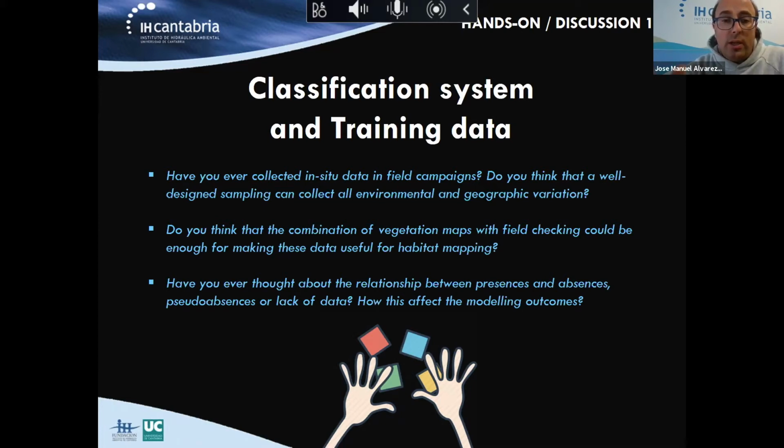We created a combination of all of them for defining the areas that were more or less homogeneous in terms of topography, climate, soil type, and some information about the NDVI, SAVI, because of the large amount of bare ground. So once we defined the strata, we gave the botanists, the stakeholders, the tablets with the database of the habitat types that we have there.